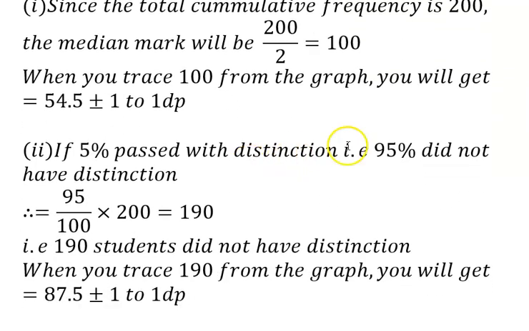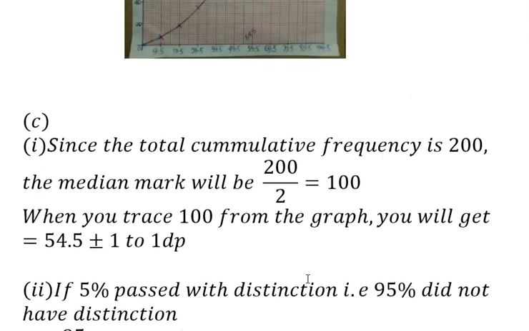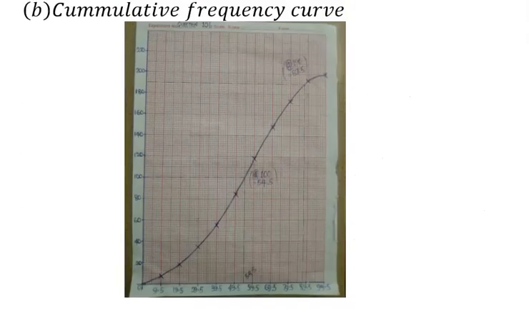So 95 over 100 times 200 will give you what? 190. So 190 students did not have distinction. That is what it means. So if you trace 190 from the graph, what will you get? Let's trace 190 from the graph.